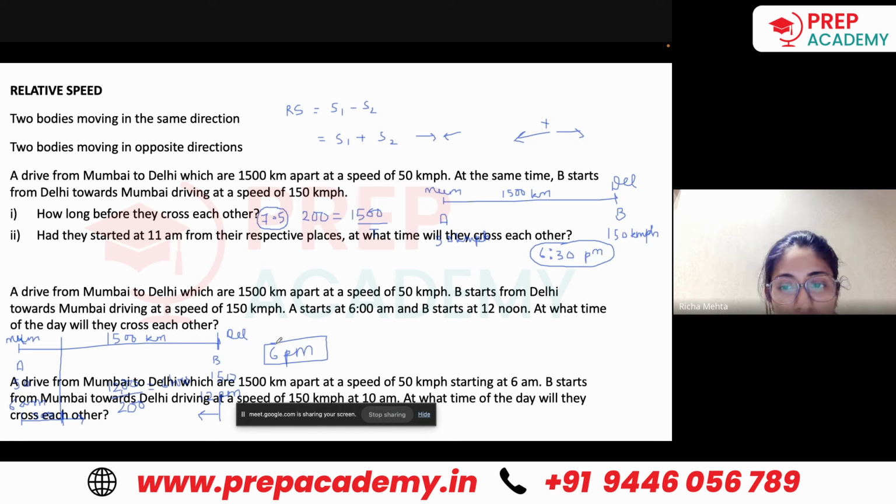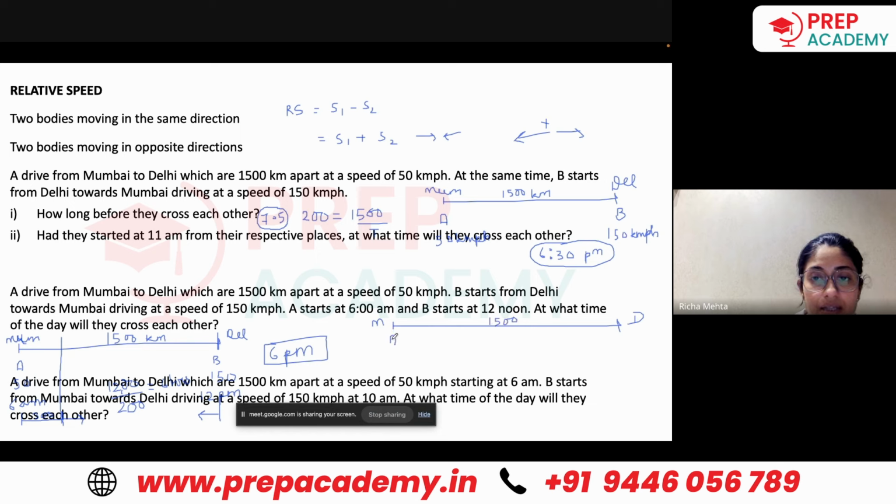Okay, and there is one more variation below. A drives at a speed of 50 again, starts at 6, and B drives at a speed of 150 from Mumbai to Delhi, and B starts at 10. At what time will they meet? See, I'm drawing the figure here, but I want you to answer. So again, Mumbai to Delhi, 1500 kilometers.